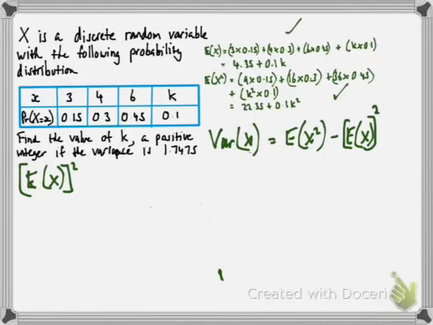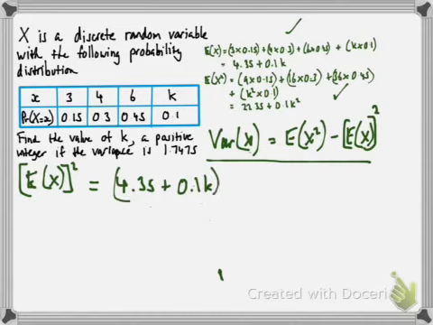Now, of course, the formula for variance is E of x squared minus E of x all squared. And that's tricky, because E of x all squared, which we're going to work out now, is going to be 4.35 plus 0.1k all squared.